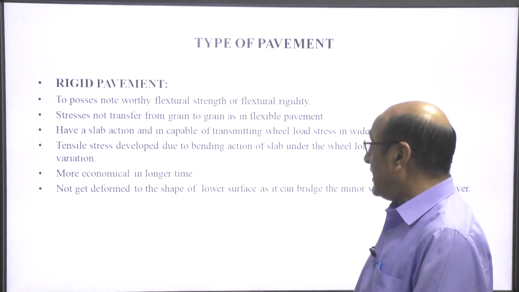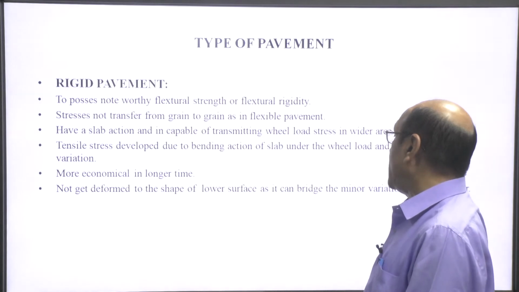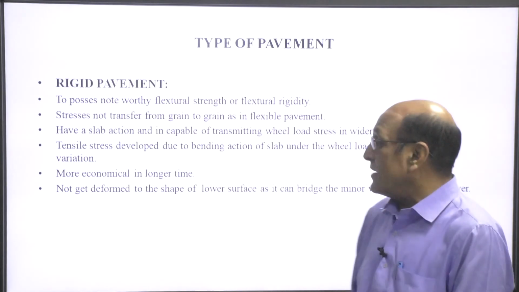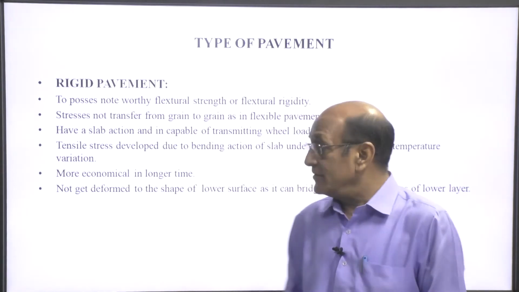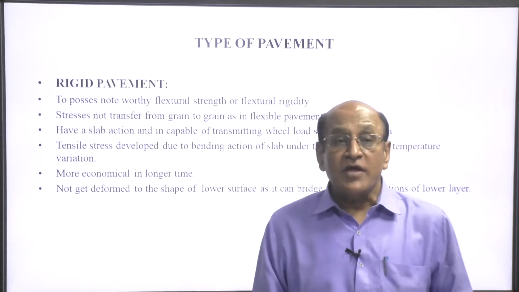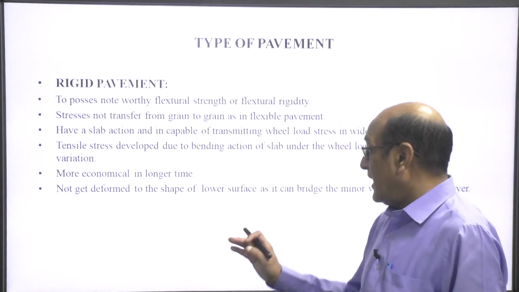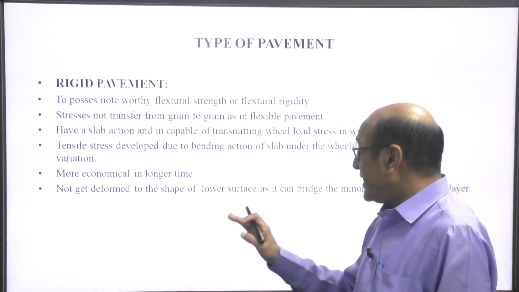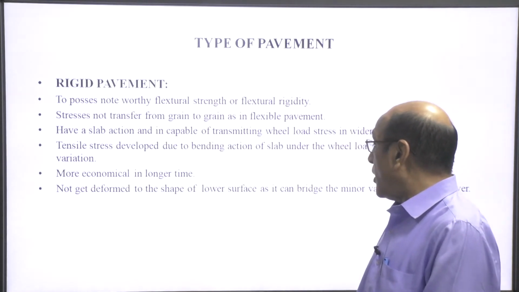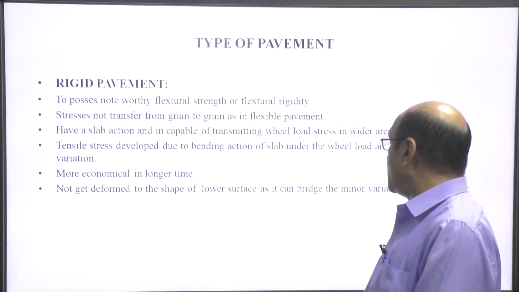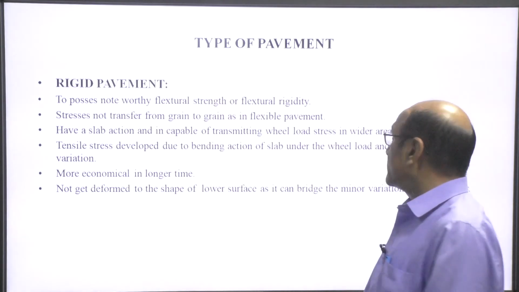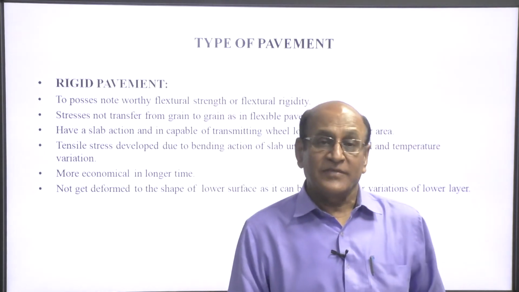Tensile stress is developed due to bending action of the slab under the wheel load and temperature variation. It is more economical in the longer term, and does not deform to the shape of the lower surface as it can bridge minor variations of the lower layer.